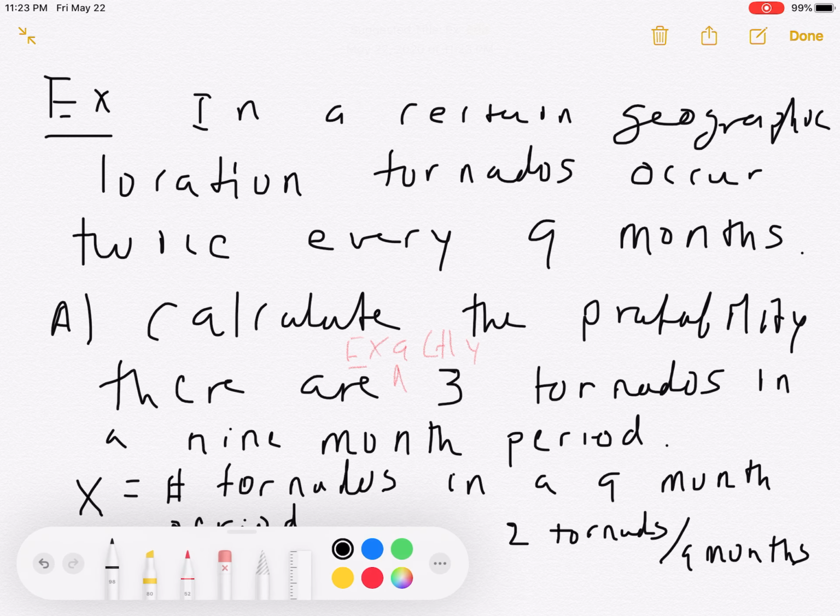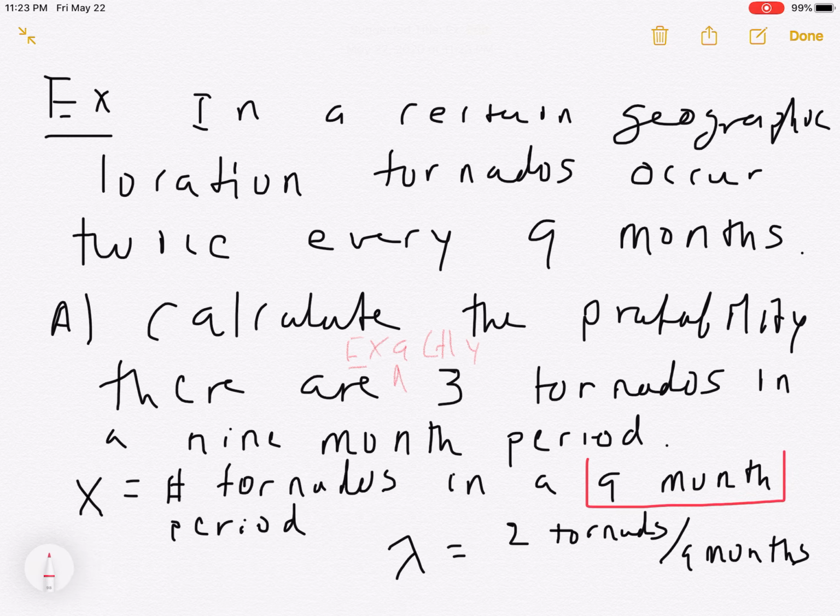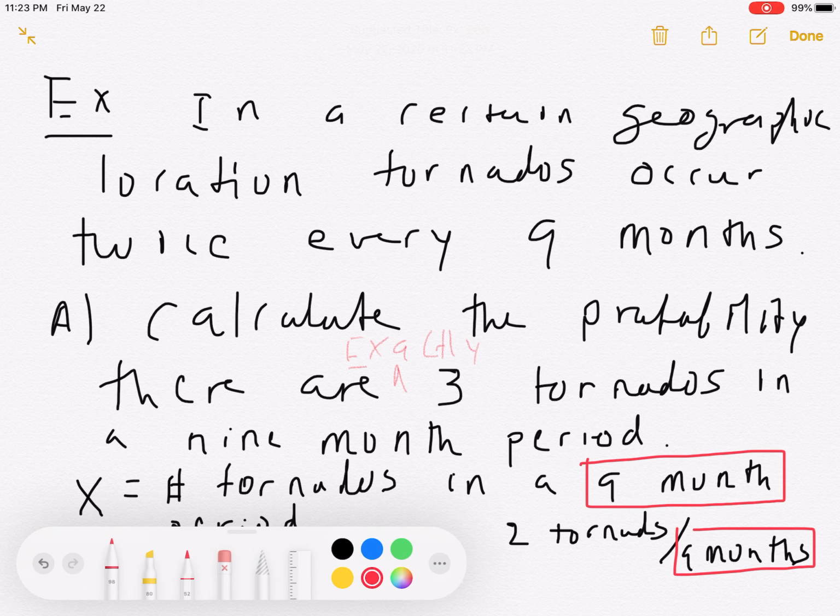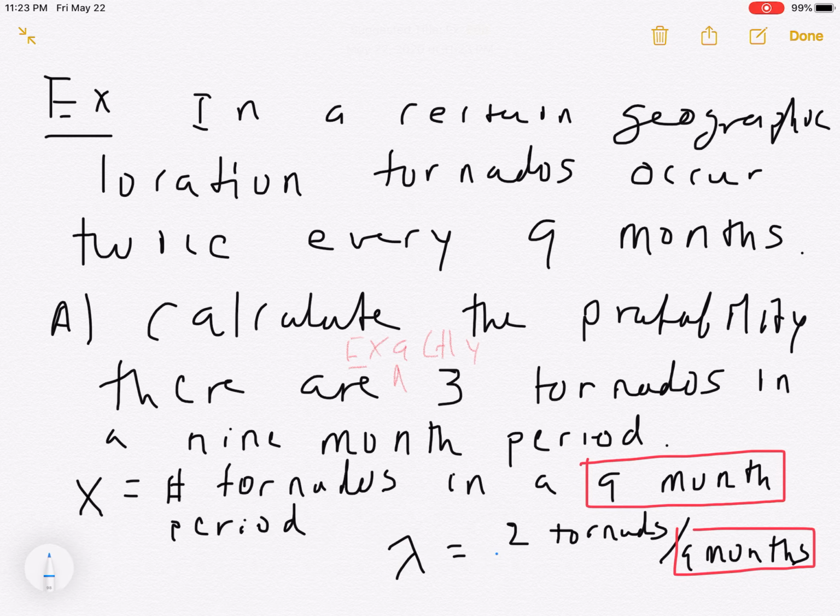One thing I really want to emphasize here is that the unit here is 9 months, and what we have here is 9 months. So we're okay to use for our lambda just that 2. It needs to match the unit of our random variable.